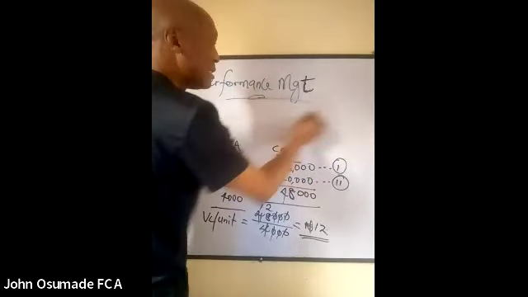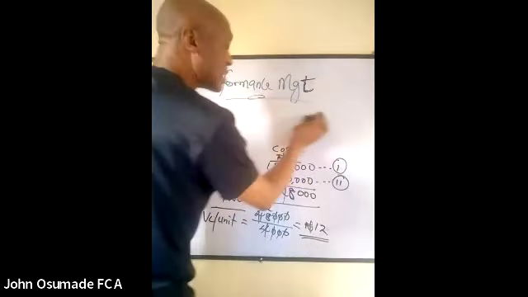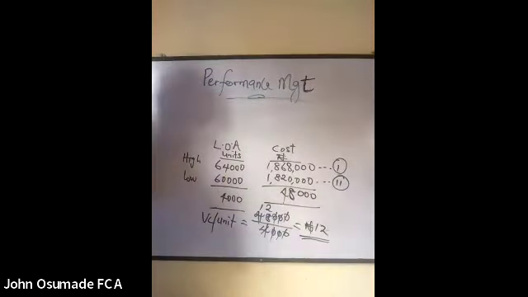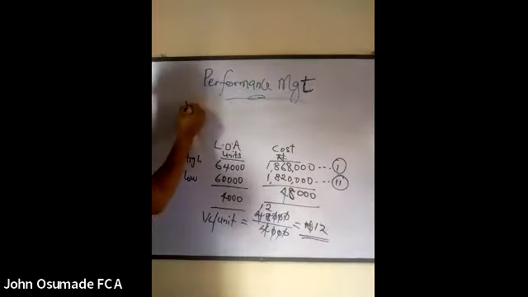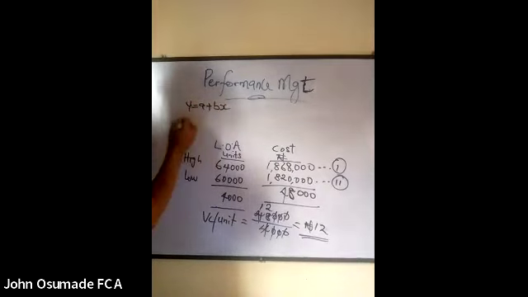That is the linear relationship between total cost, fixed cost, and variable cost.